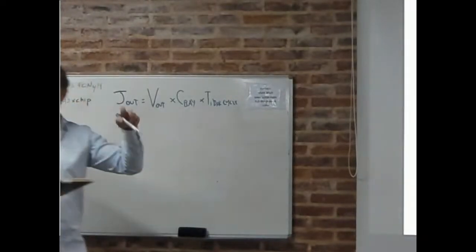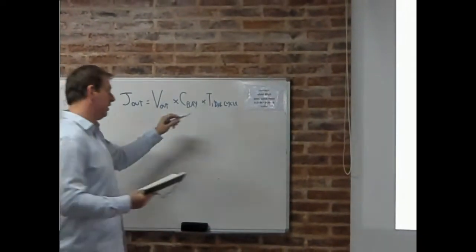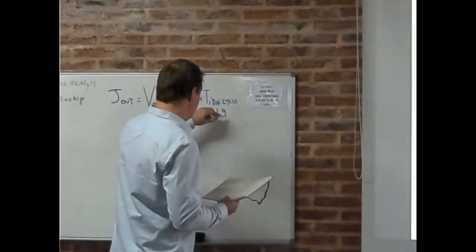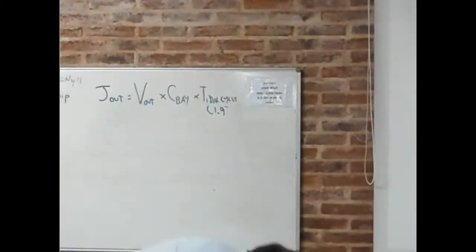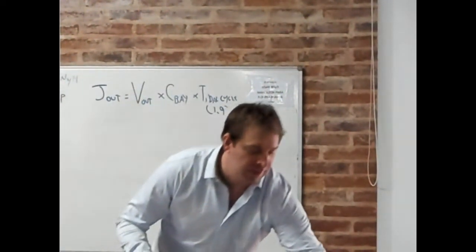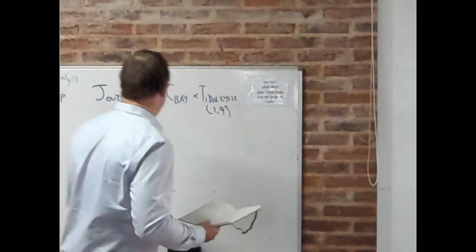How many per day? So this is really like 1.9 per day. Oh, sorry. In Jamaica Bay. 1.9 per day in Jamaica Bay.